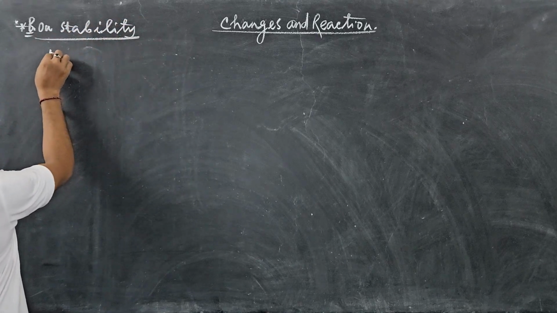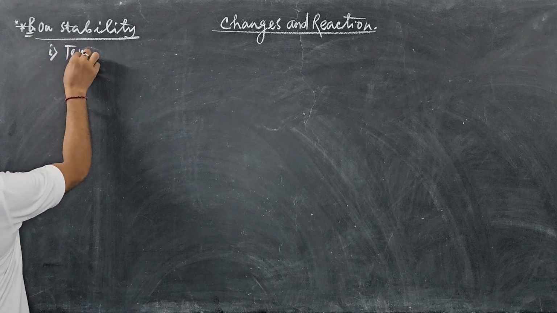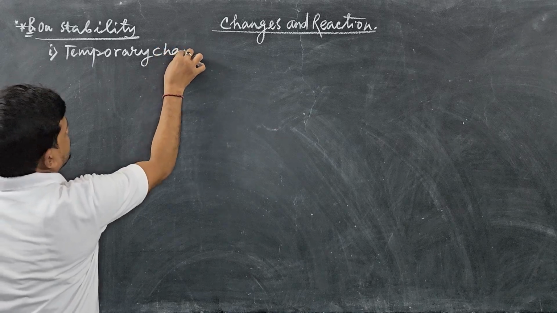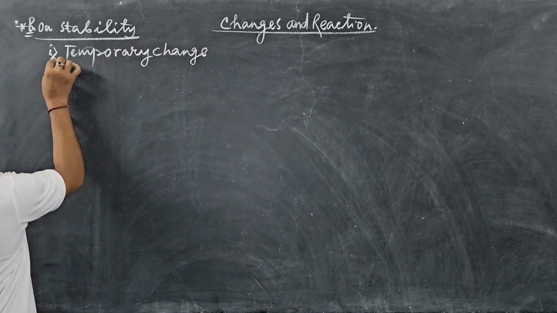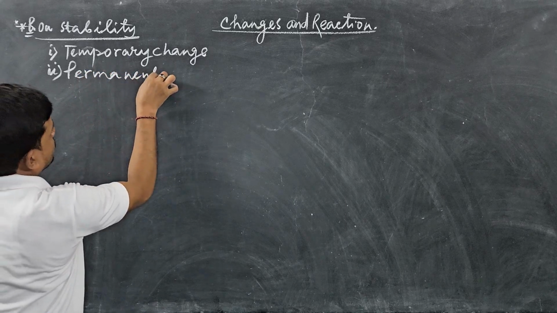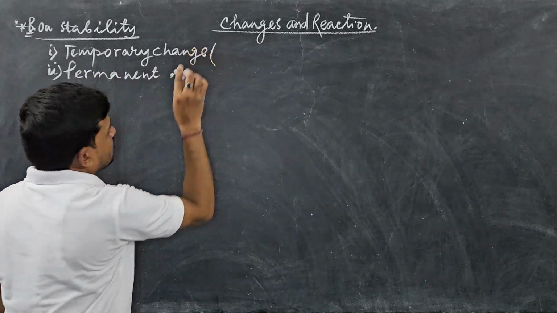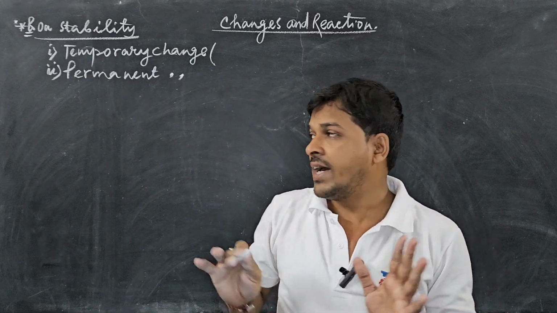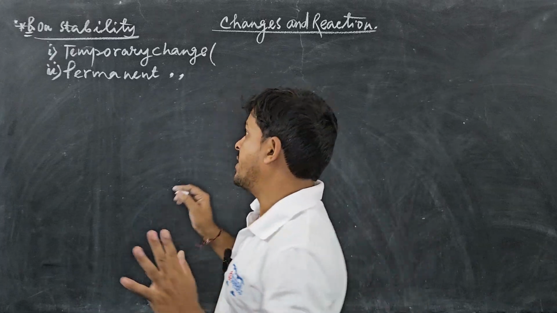On stability, there are two types of changes. Number one, temporary change, and number two, permanent change. Generally all physical changes are temporary changes and all chemical changes are permanent changes.